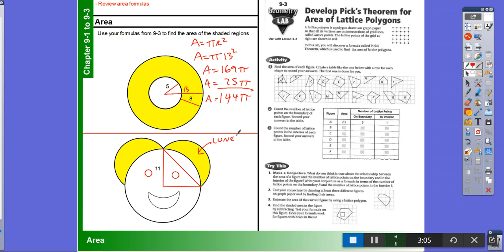We know that this shape here is equal to half of a circle minus this piece here.